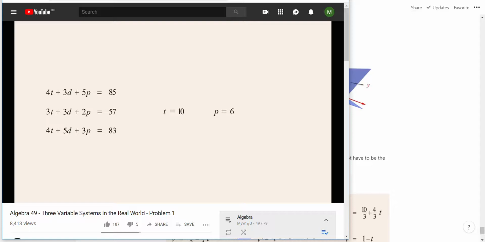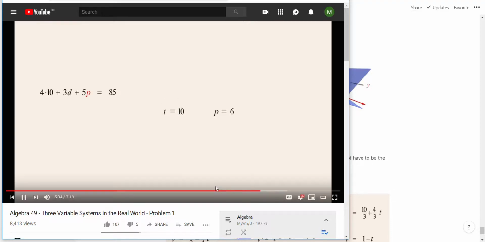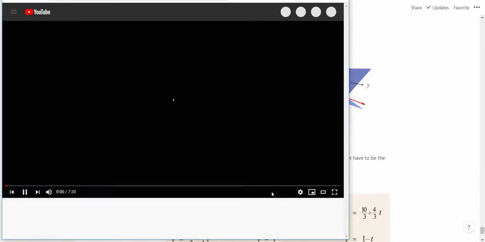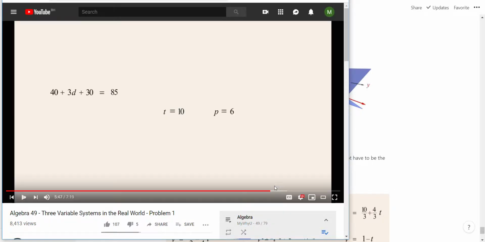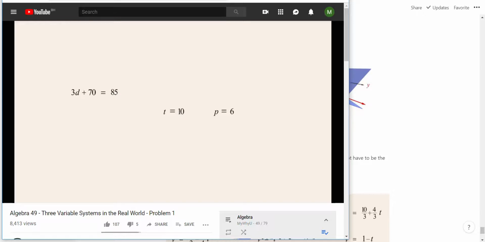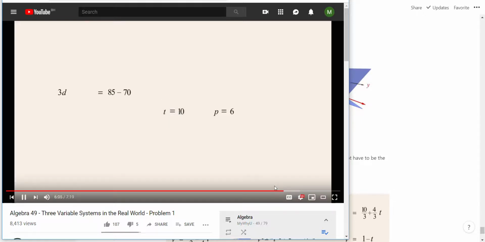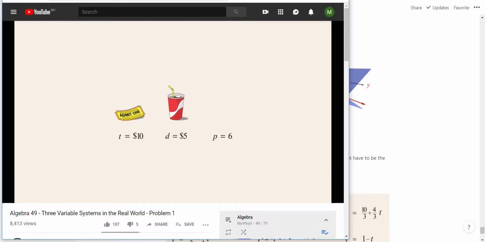Choosing the first equation, doing the arithmetic, and combining like terms, we get 3d plus 70 equals 85, and subtracting 70 and dividing both sides by 3, d is $5, the price of a ticket is $10, and the price of popcorn is $6.